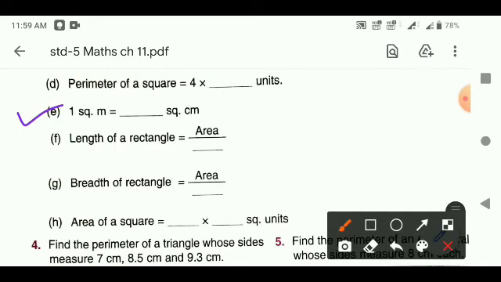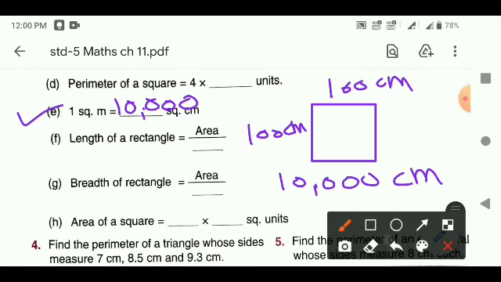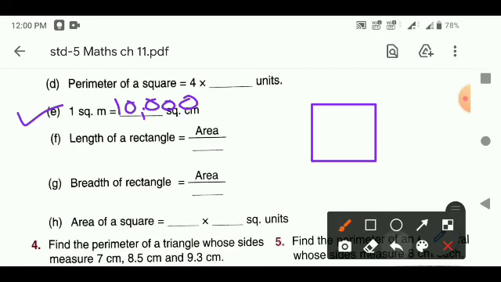Here 1 square meter is equal to dash square centimeter. Students, here 1 square meter is equal to 10,000 square centimeter. Then F, length of a rectangle is equal to area divided by breadth.